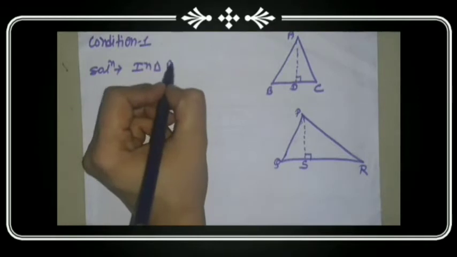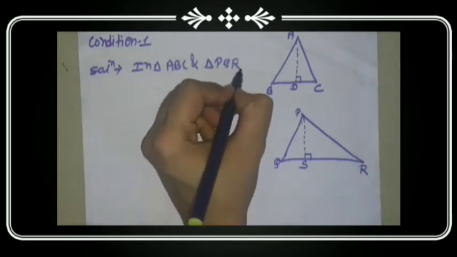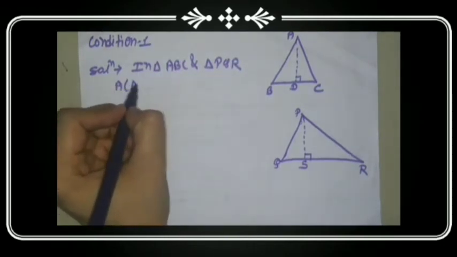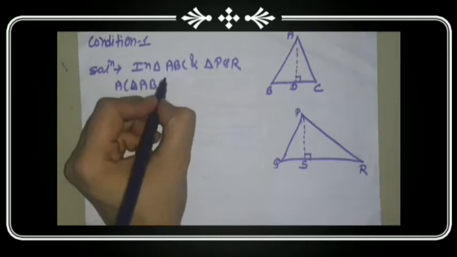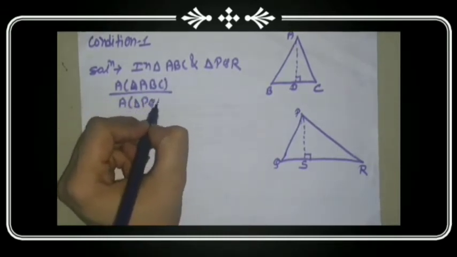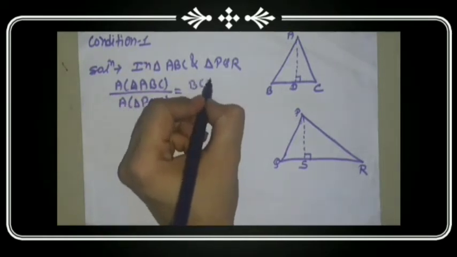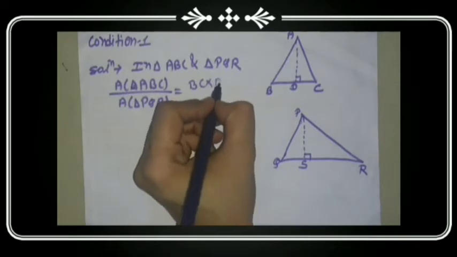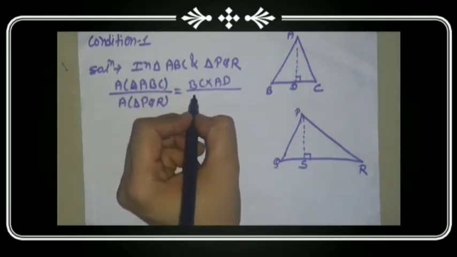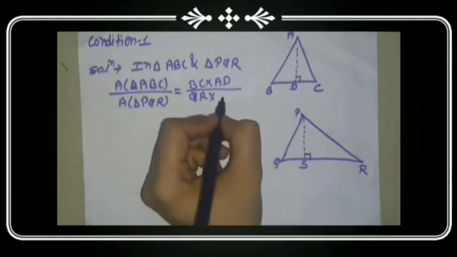In triangle ABC and triangle PQR, area of triangle ABC divided by area of triangle PQR equal to BC into AD divided by QR into PS.